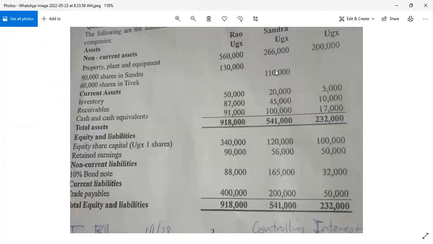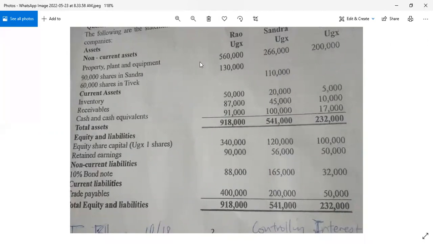This is what Sandra put in, 110. But Sandra is owned by 2 people, the NCI and the parent. So how much did the parent bring on the table? That's our interest. He must have brought 75% since he owns 75% of Sandra.